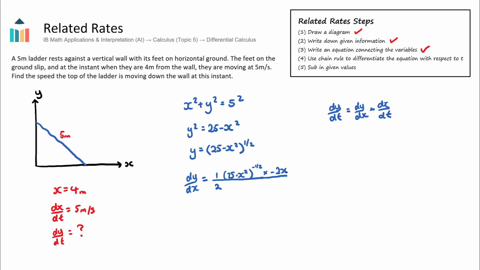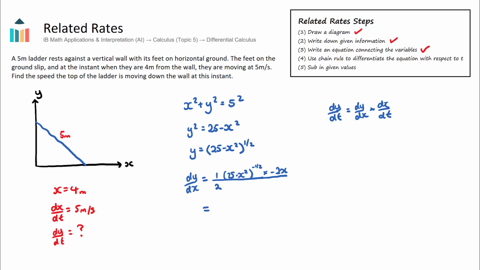Hopefully you have seen the chain rule before. The 1/2 comes out the front, we rewrite our bracket, we reduce the power by 1, and then we multiply by the derivative of what's inside the bracket, which is negative 2x. And we can simplify this.